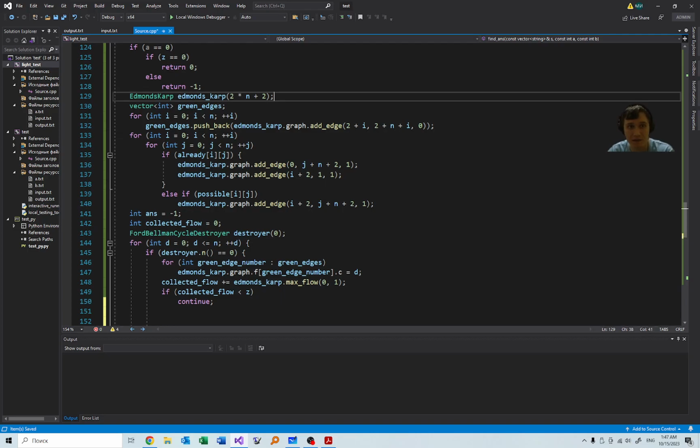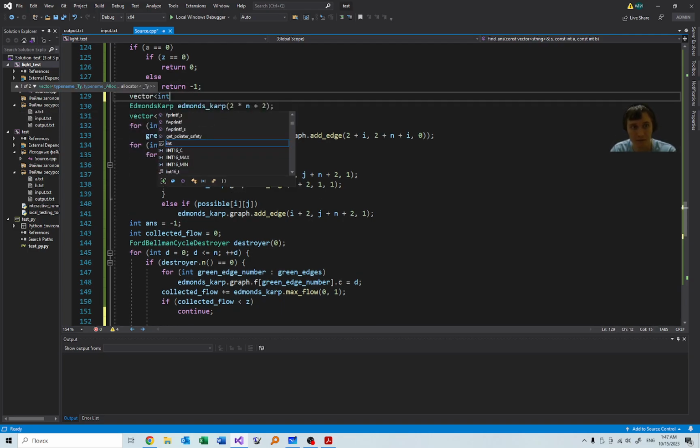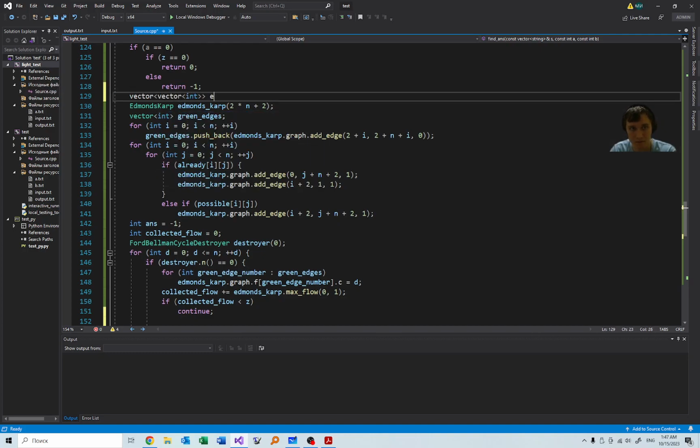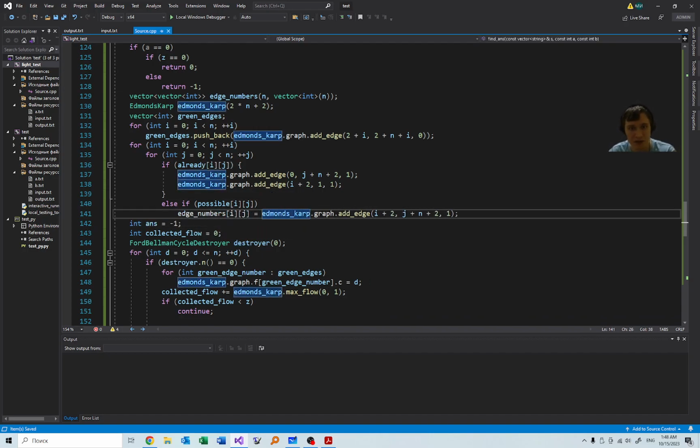Yeah, so let's edge numbers of n of n. Okay. Here we say, so if it is possible, Edmonds-Karp.add edge and edge numbers ij equals this thing.